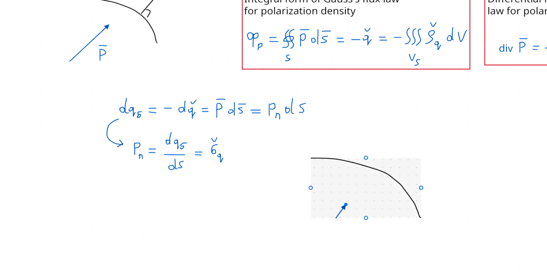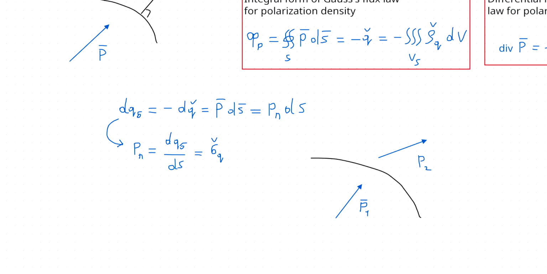We will have two polarization densities. The first will be P1, and the second will be P2.